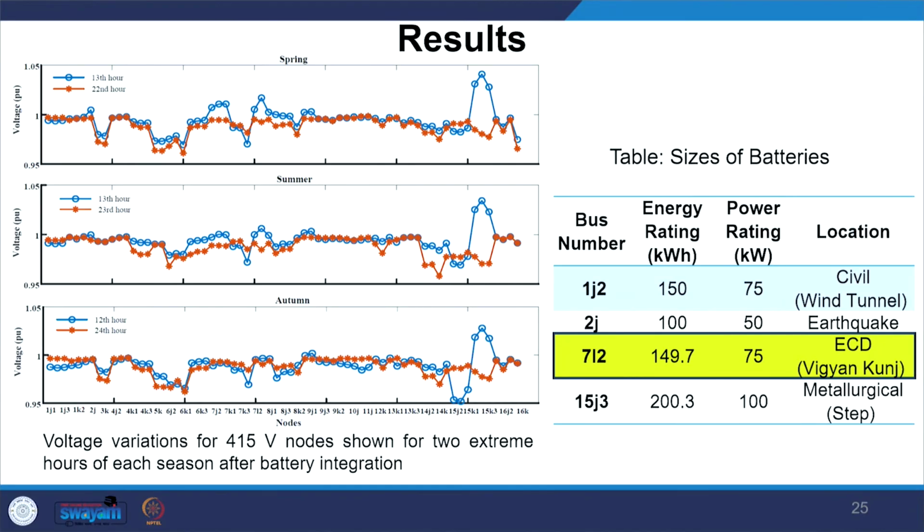So these are the voltage profiles of spring, summer, and autumn that we have obtained, and these are the sizes of batteries. We have concluded that the rating could be 75, 50, 75, 100 kilowatt, or the kilowatt hour could be 150, 100, 150, and 200.